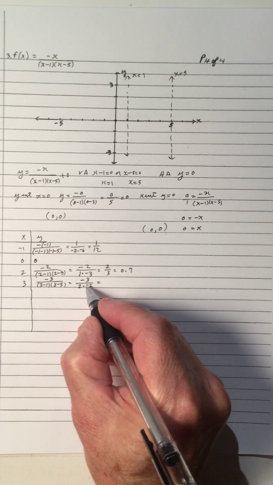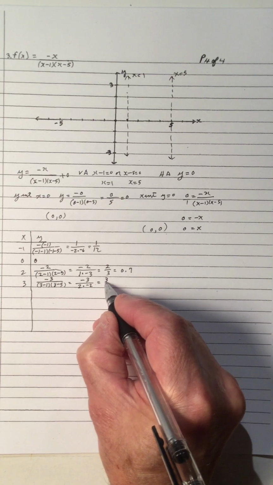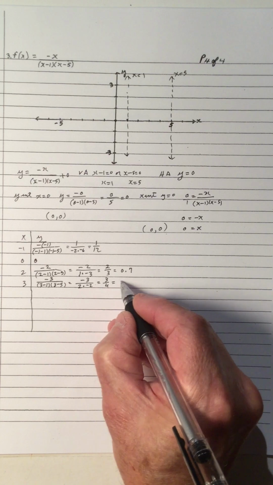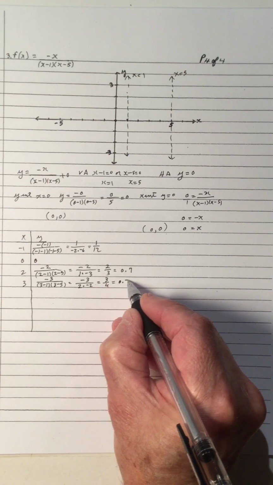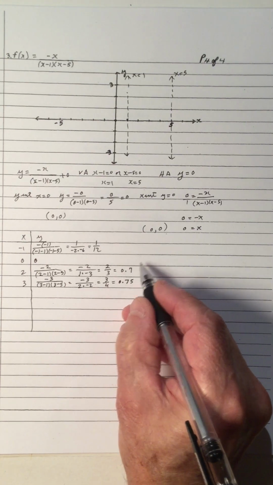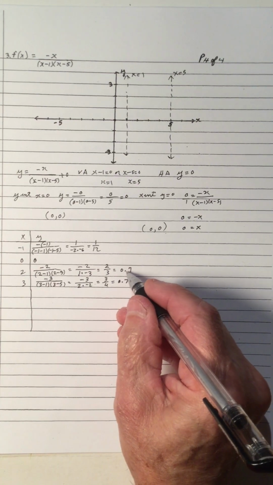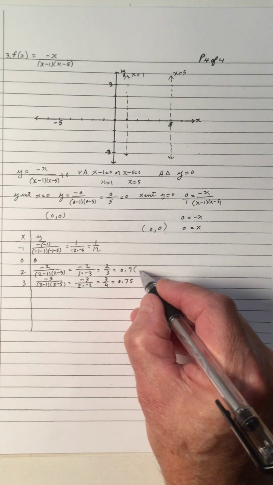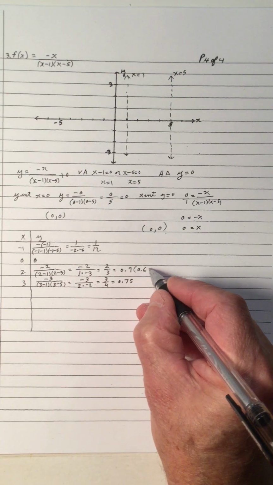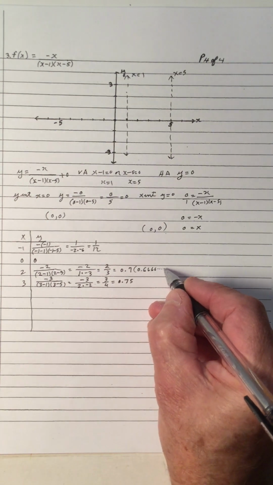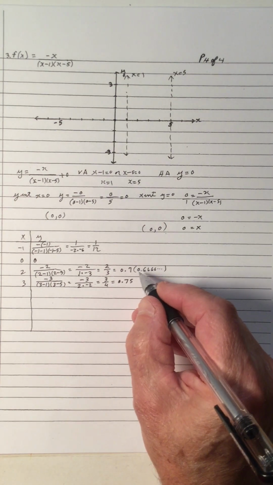So that's negative 3 over negative 4, which is 3/4, and 3/4 is 0.75. Remember, 2/3 really is 0.6666, etc., what I call a 0.7.